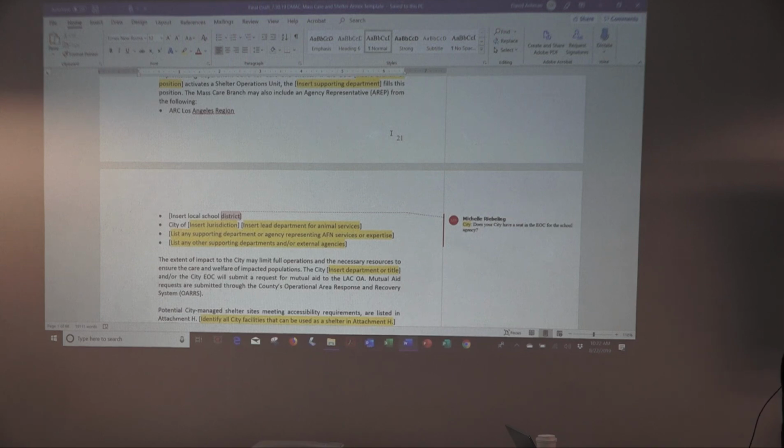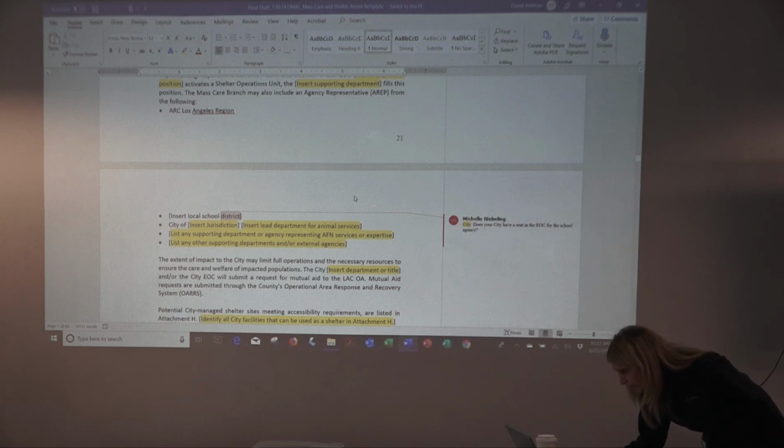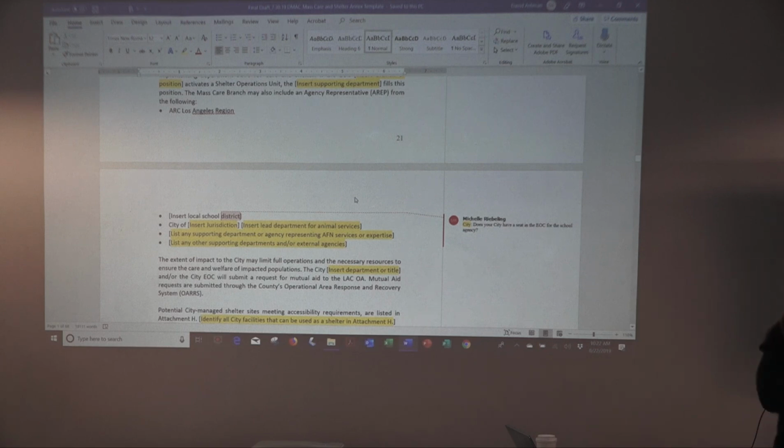Another thing is your local school district, and we're going to talk about the use of schools for sheltering, because there are some things that need to be considered when using schools. But you would want to put that there, and then your animal services department. But again, that bulleted list is just recommendations. If you don't have all of those, you're just going to put in what applies to your jurisdiction under that.